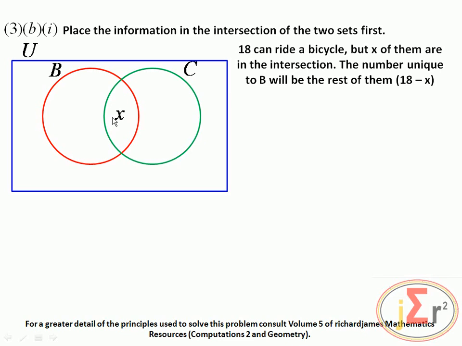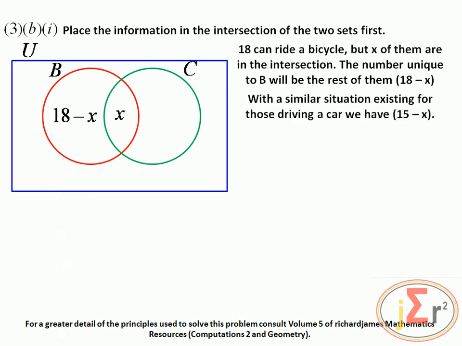So the rest of them, which is 18 minus x, is going to be unique to the set B. The next part is analogous to what we have just said. So we have 15 can drive a car, and we have x of them already in the intersection. So 15 minus x is going to be those unique to the set C.